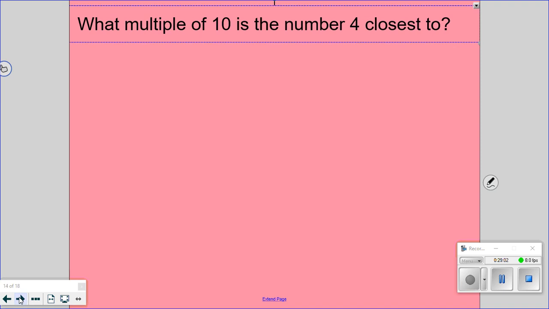All right. Another one. New number line. What multiple of 10 is the number 4 closest to? We've got a number line.